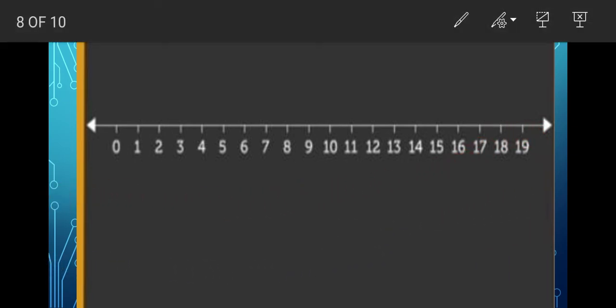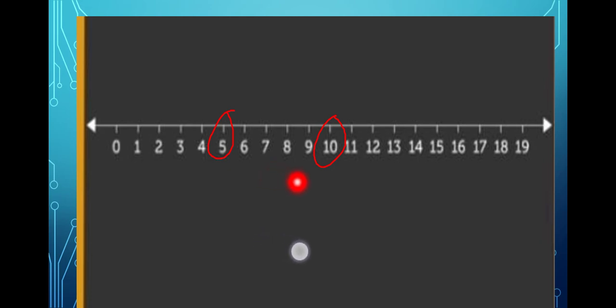Okay, for example, I am taking two numbers. I am taking 5 and 10. See, 10 is towards the right, isn't it? Or 10 is farther away from 0, isn't it?